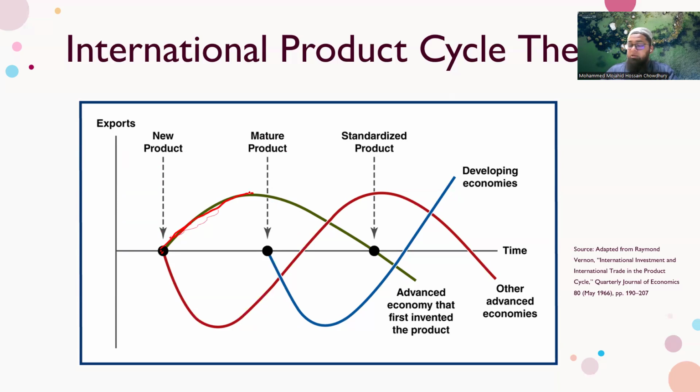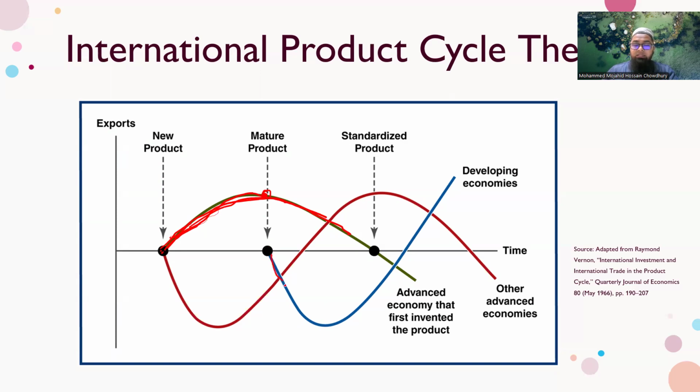When it goes from the inception to the maturity, very interestingly, the developing countries are not taking it initially. They are just trying to explore. Meanwhile, the companies from the advanced countries that came up with this product are at their maturity, selling it, and the developing countries are still taking it.